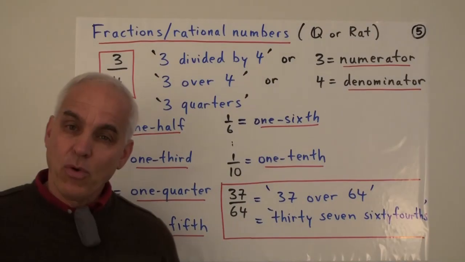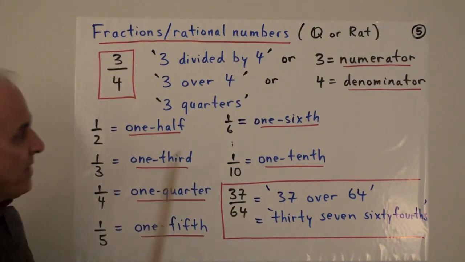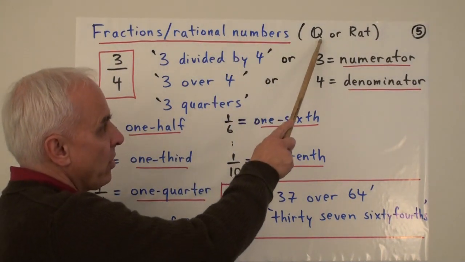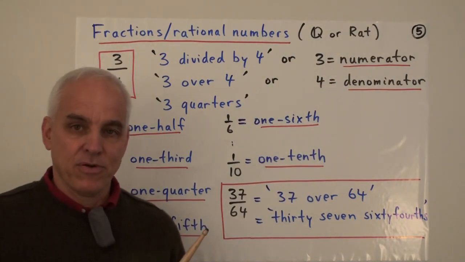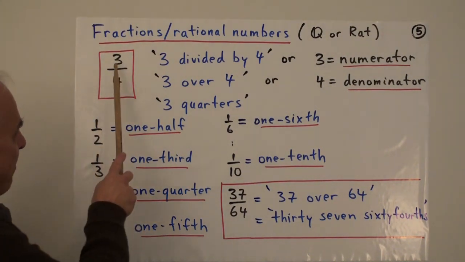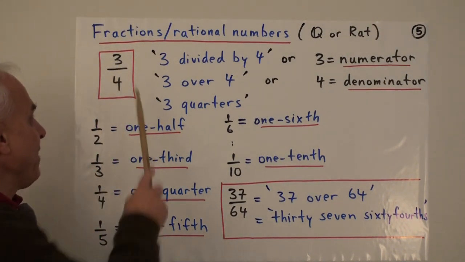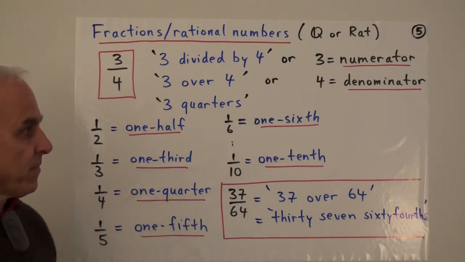Let's say a few words about fractions or rational numbers. And the symbol for a fraction is Q, or I like to use the symbol RAT for the type of number we're talking about. So here's an example of a rational number. And this number can be stated in a number of different ways.